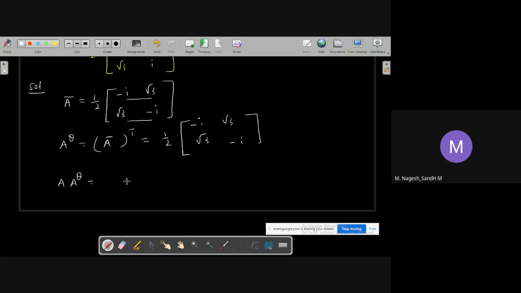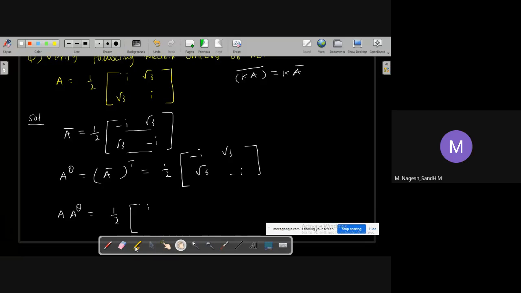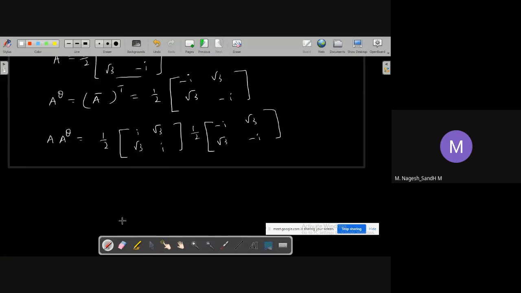A matrix is 1 by 2 into [I, root 3; root 3, I], into A power theta, which is 1 by 2 into [minus I, root 3; root 3, minus I]. So now 1 by 2 into 1 by 2 is 1 by 4.